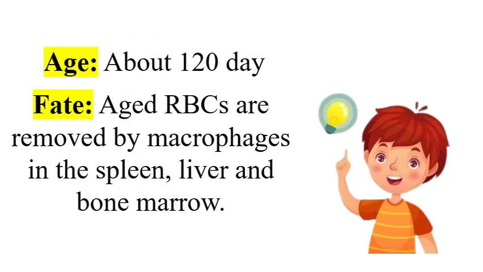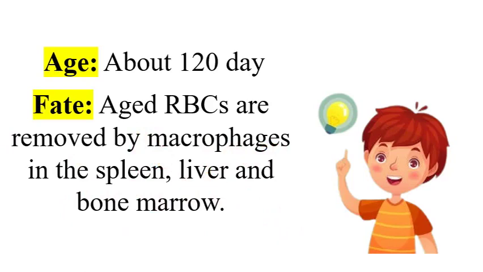RBCs live only about 120 days, about 4 months, and then they die. How do they die? What is the fate of RBCs? The aged or dead RBCs are removed by macrophage cells by phagocytosis in the spleen, liver, and bone marrow.